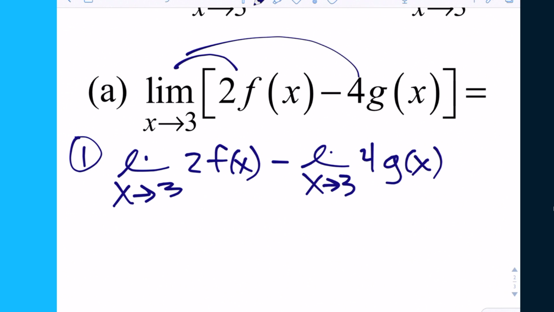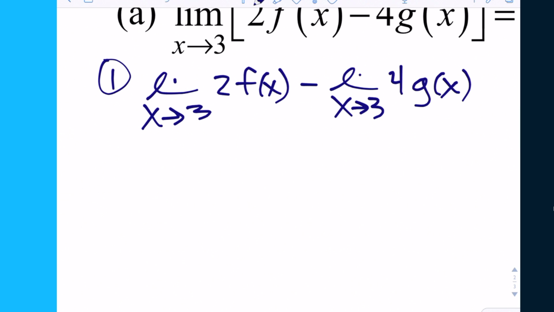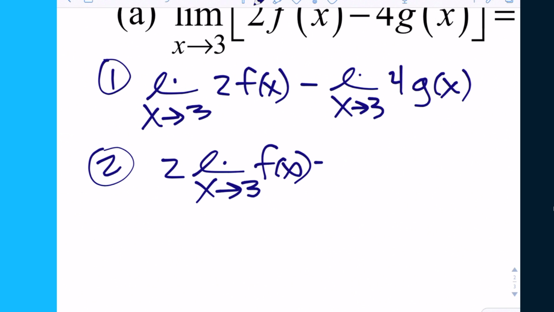Now, property number 2, if you scroll back up, says that you can pull constant multiples out front. So in each of those two terms now, property number 2 says I could pull the constants out front. So that becomes 2 times the limit as x goes to 3 of f minus 4 times the limit as x goes to 3 of g.